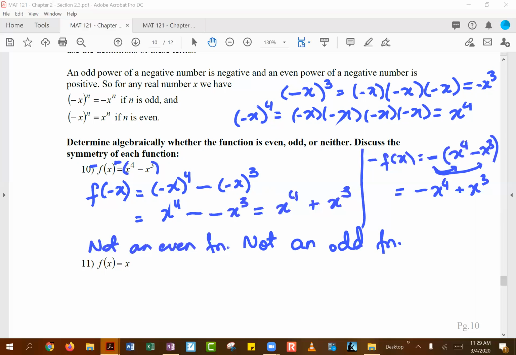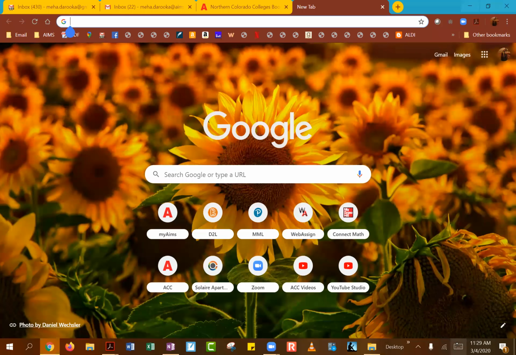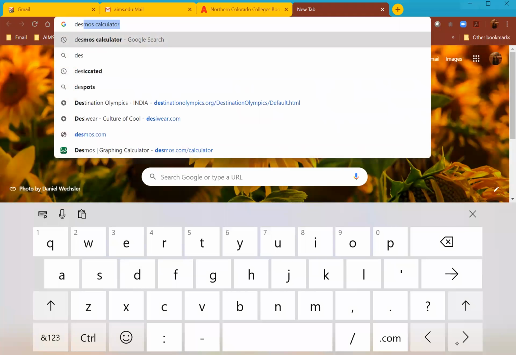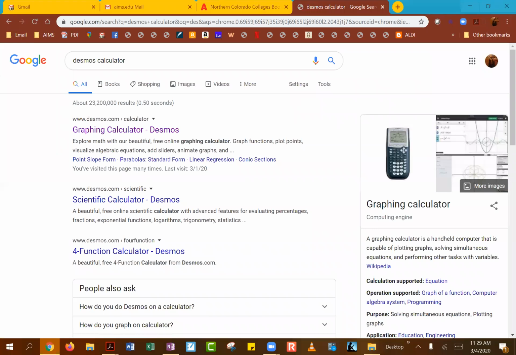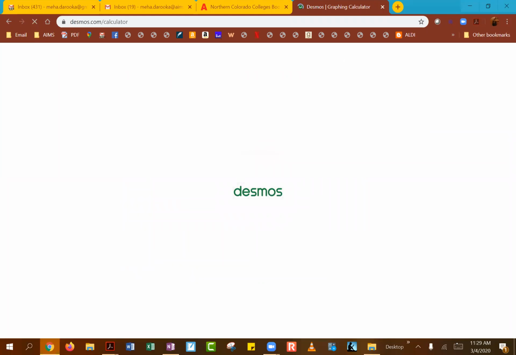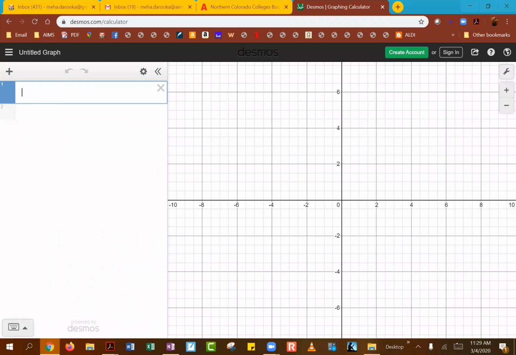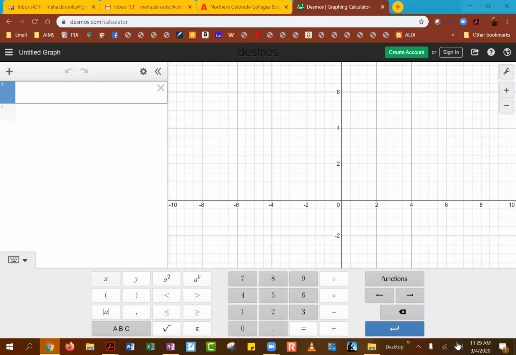And let me actually show you what the graph looks like on our little Desmos calculator. So this guy will be x to the 4th minus x to the 3rd.